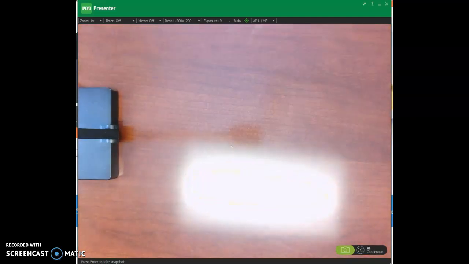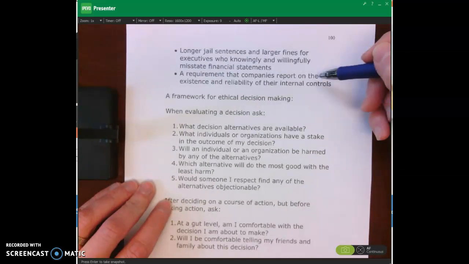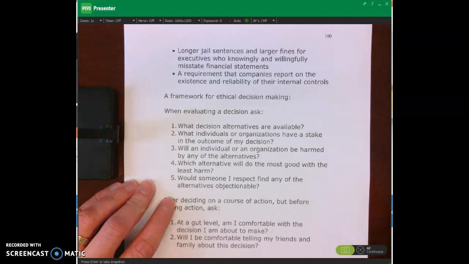Also, because of Sarbanes-Oxley, this is Sarbanes-Oxley Section 404, they have to produce a report on the internal controls of the company.